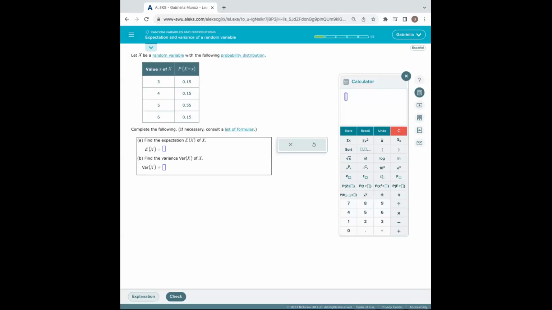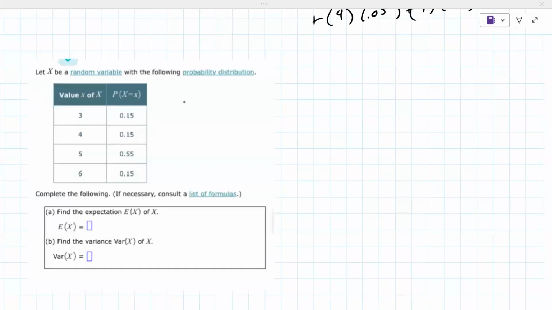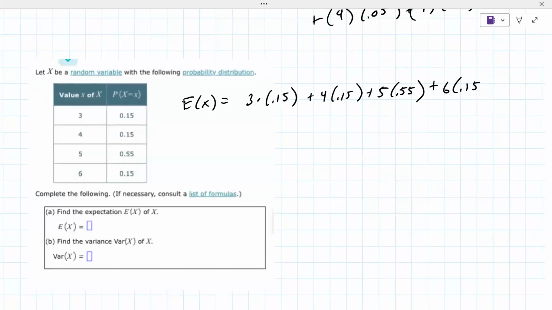The parentheses are only just for showing the separation of the numbers. So the expected value of x is you take the x value 3 times 0.15 plus 4 times 0.15 plus 5 times 0.55 plus 6 times 0.15.